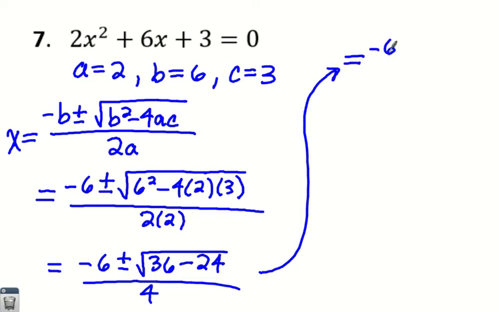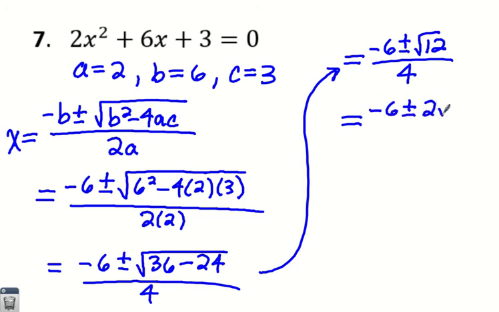And oh boy, we have the square root of 12, which we can do more with. Again, I've already covered simplifying square roots in class and in another YouTube video. So long story short, the square root of 12 should be 2 root 3 over 4.